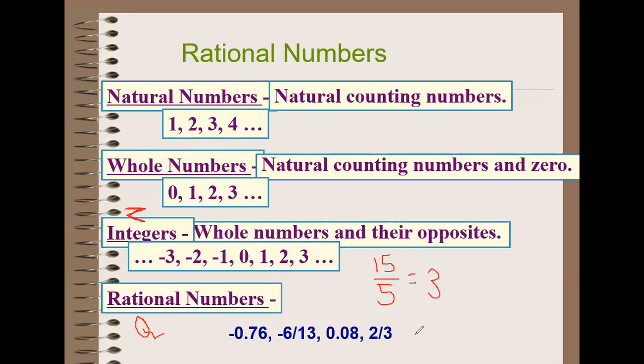It will be equal to 3. So I can say that 15 over 5 belongs to natural counting numbers. Also, we can say it belongs to whole numbers. Also, it belongs to integers and to rational numbers. So 15 over 5 belongs to natural counting numbers, whole numbers, integer numbers, and rational.